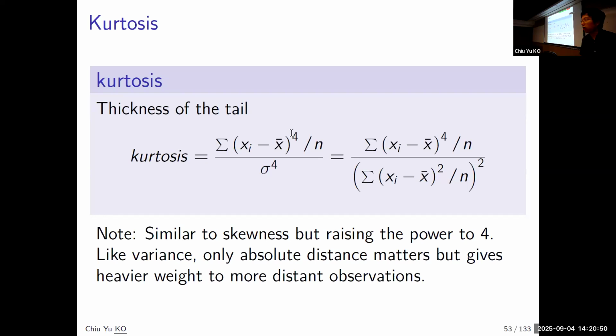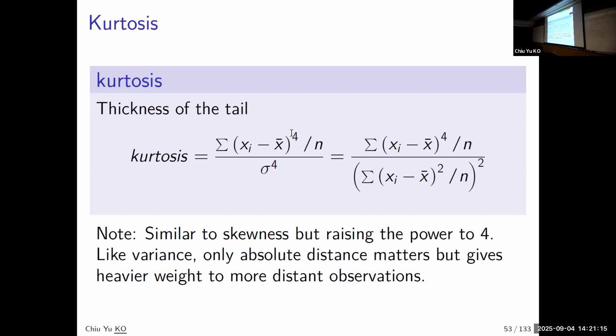And why 4? Because with the power of 4, things far away from the mean become super large. The power is very powerful. I don't care if it's way below or way above, because to the 4th power everything is positive.